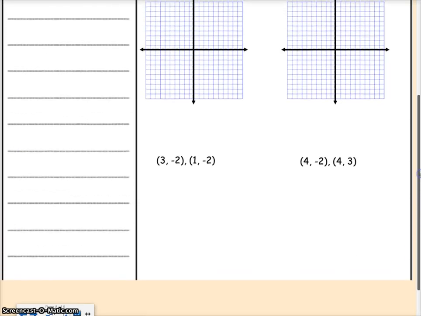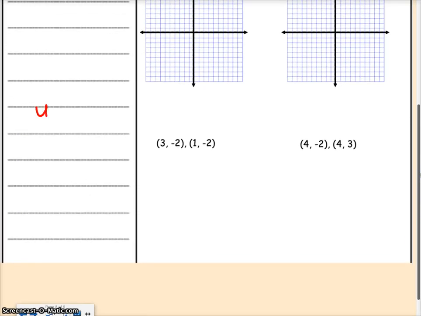So again, we use this formula, second y, take away the first, over second x, take away the first x. The way you really say that is y of 2 minus y of 1 over x of 2 minus x of 1. So let's do this.